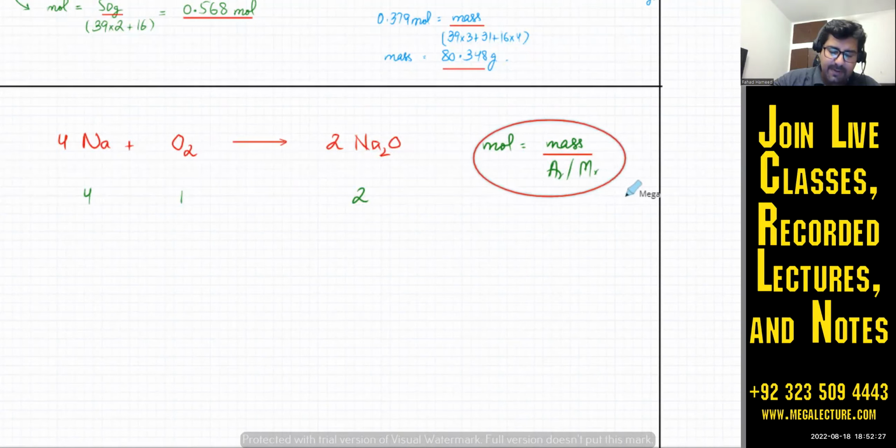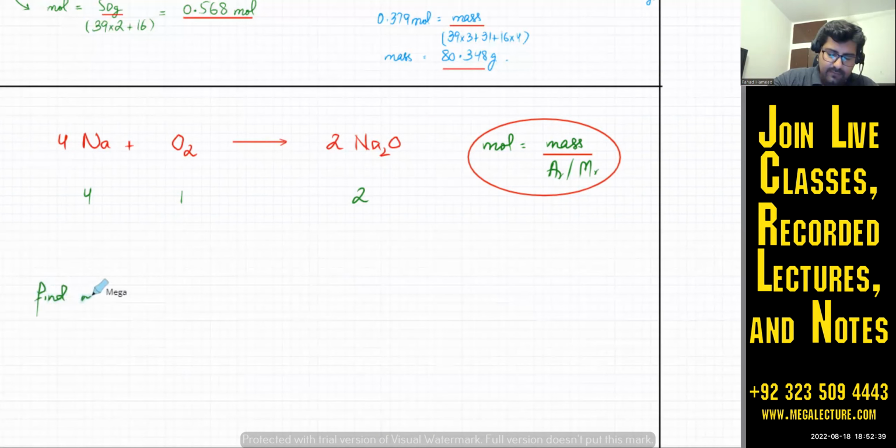So आप lab में जाते हो, and what you do is when you go to the lab, you find out that let's say you've got 80 grams of sodium. So the question is, find out what mass of sodium oxide will be produced.